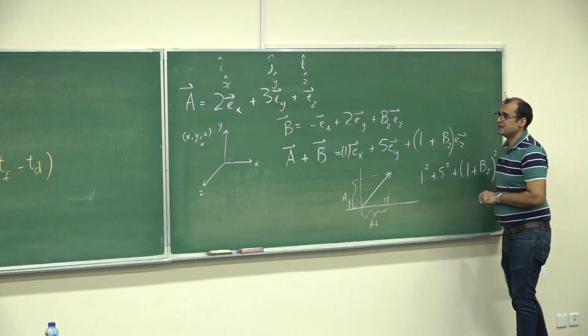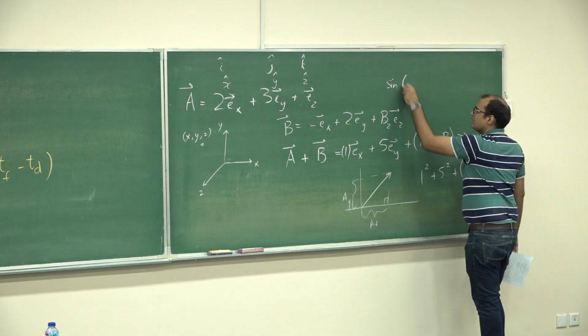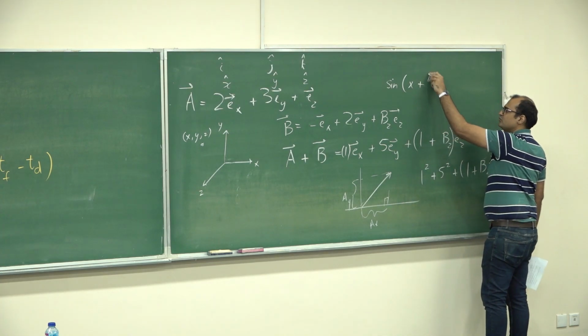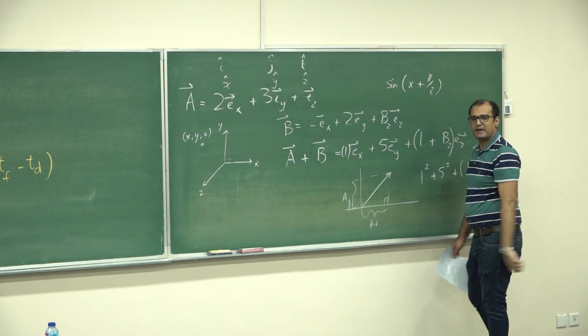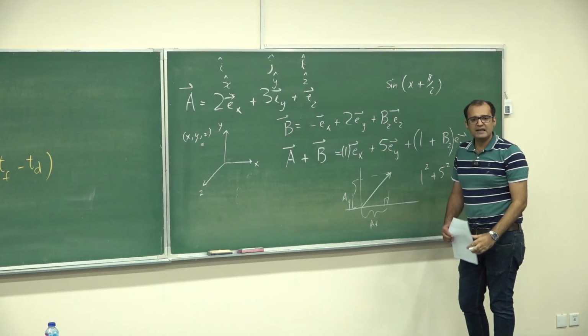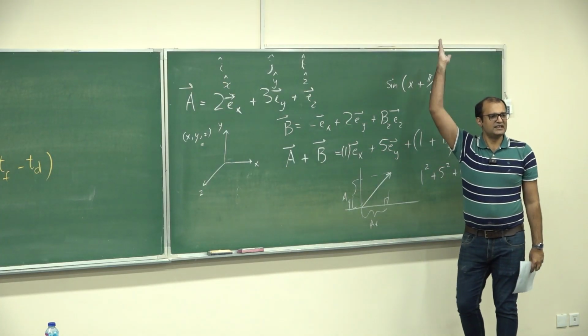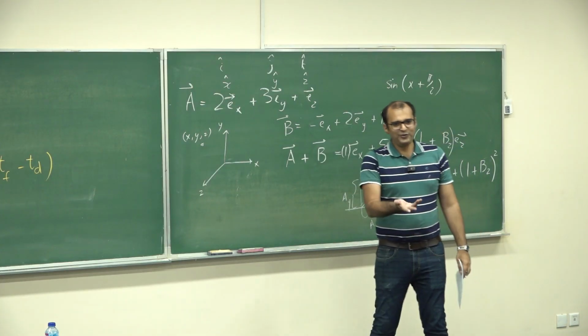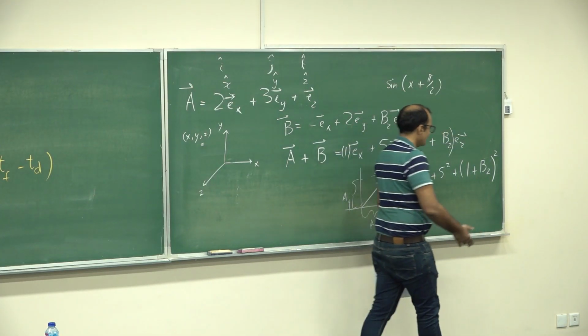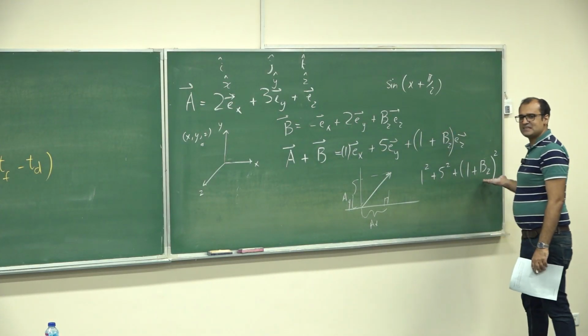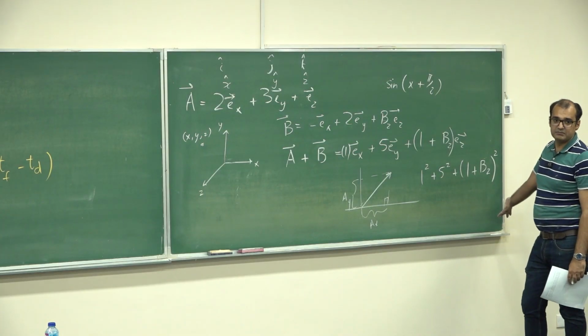People love to make everything linear. Sine of x plus pi by 2 is sine of x plus sine pi by 2. ln of 1 plus x is ln 1 plus ln x. हर चीज एक्सपेंड हो जाती है. Okay, not true. Similarly this is not 1 square plus bz square. There's also a cross term.